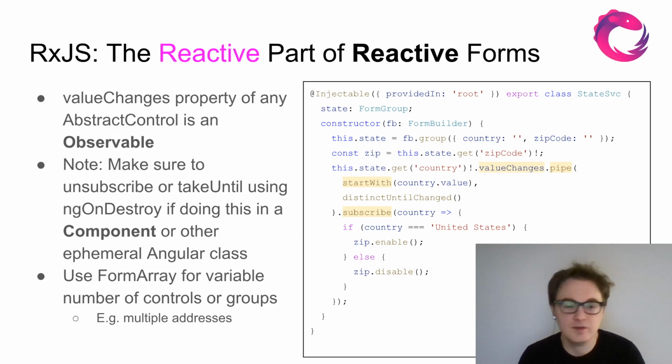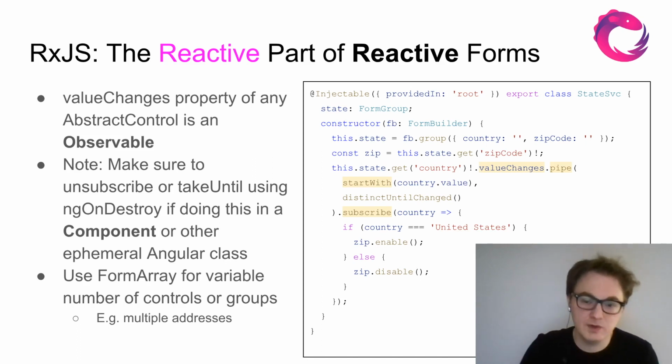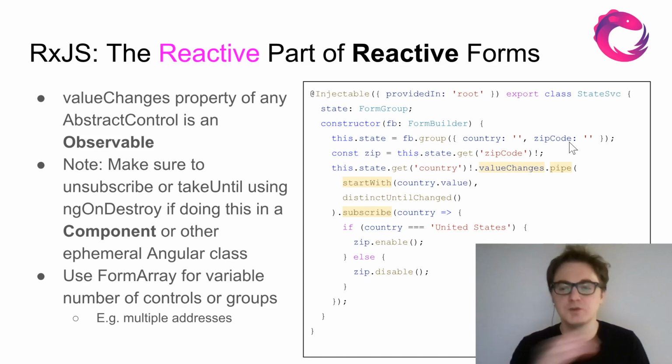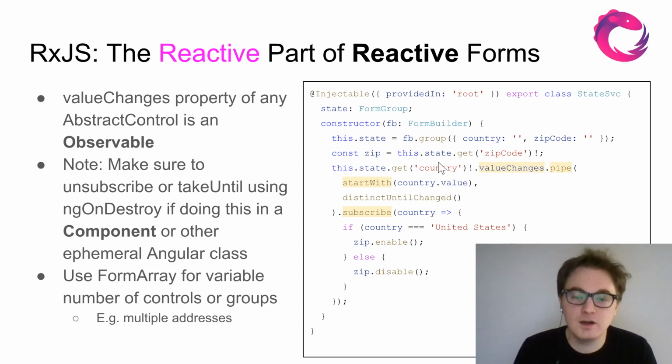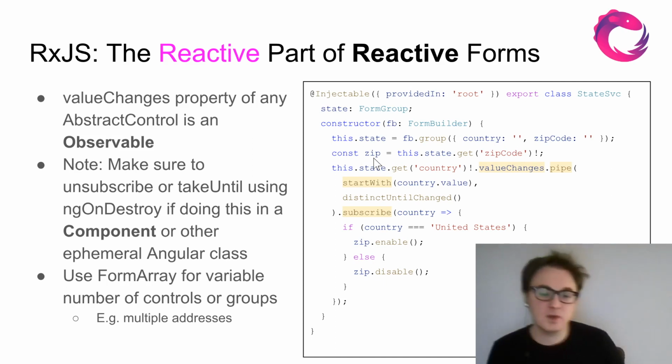And so we have an example of this on the right. This is a service, an Angular service that is containing our state as a form group, a public property on the class. I'm using a form builder injection to create a form group with 2 controls, country and zip code. And I am getting the zip code control and assigning it to a variable called zip.